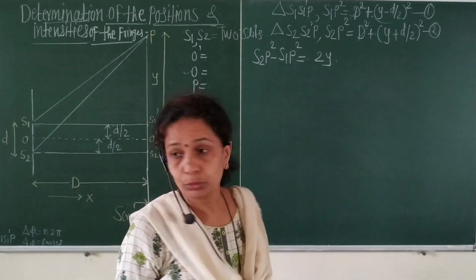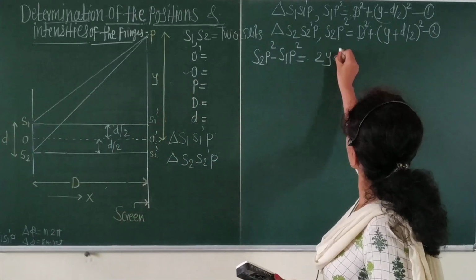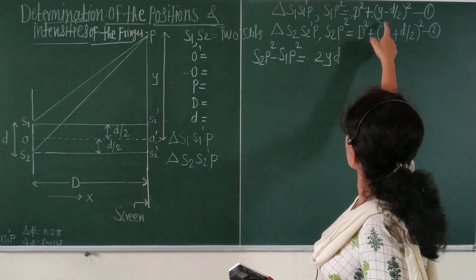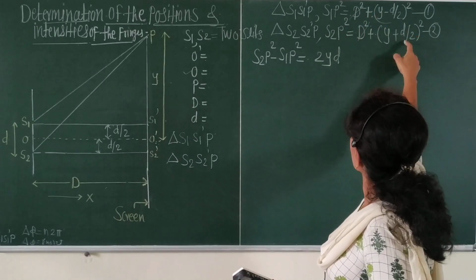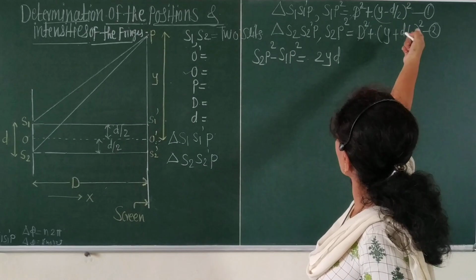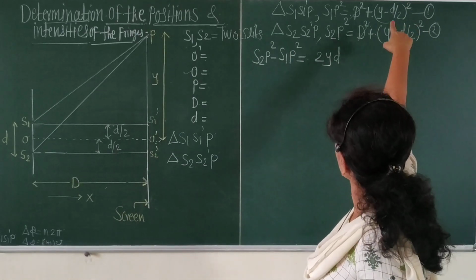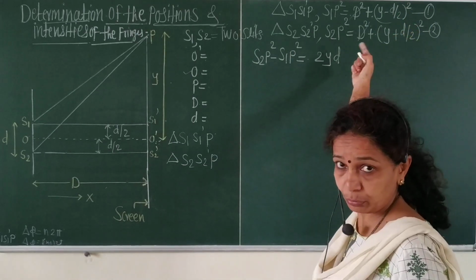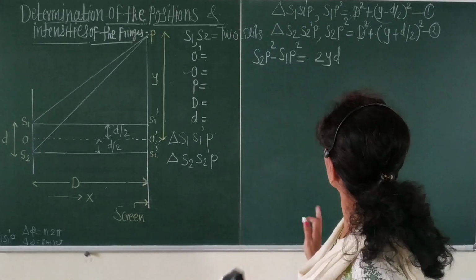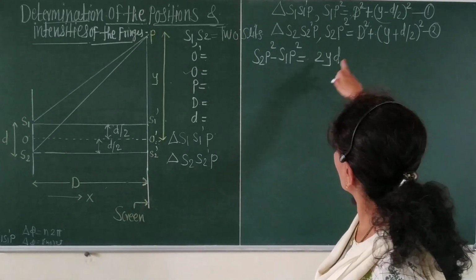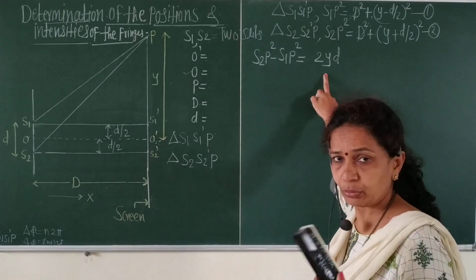We get 2yd. If you square the bracket terms, you get this equation; you can calculate it.